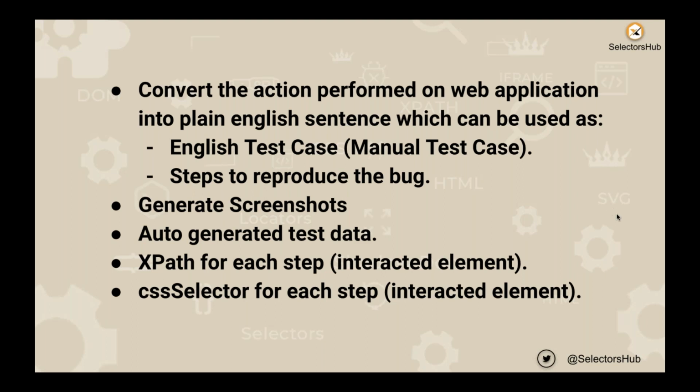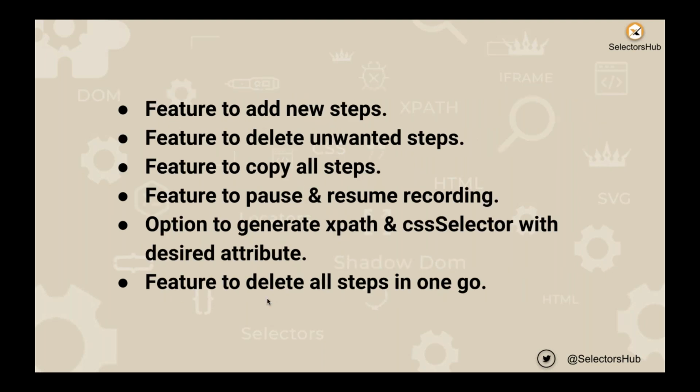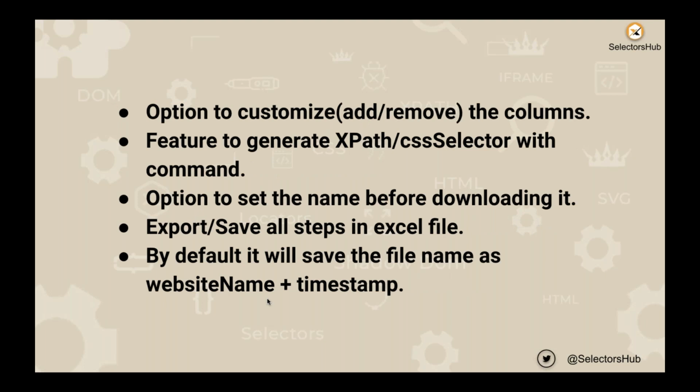You get the screenshot, and the auto-generated data, XPath, CSS selector. Then you have the feature to add new steps, delete steps, copy all steps, pause, resume recording, options to generate XPath selectors with attribute, a feature to delete all steps in one go, options to customize, and a lot more things are there. Okay, so yeah, any questions, guys, or anything?